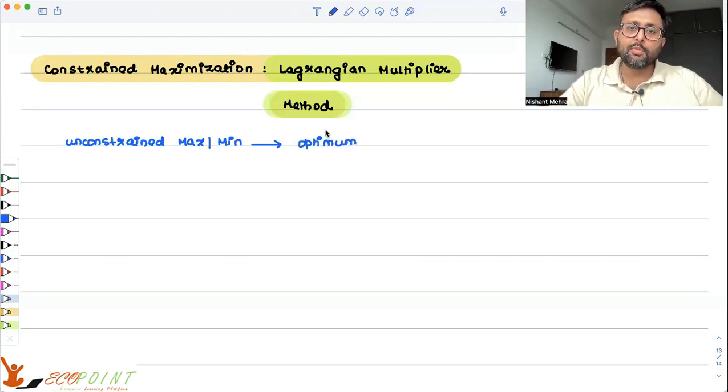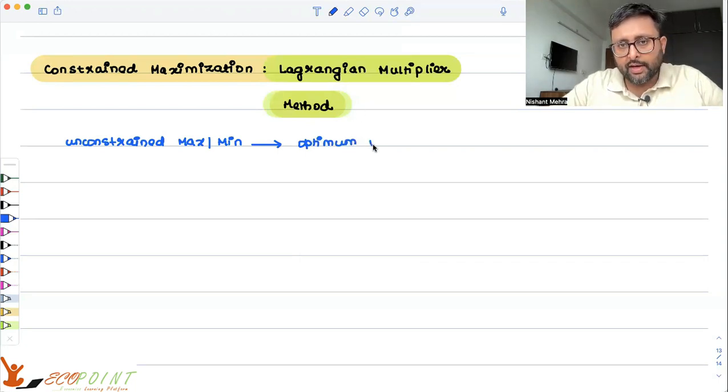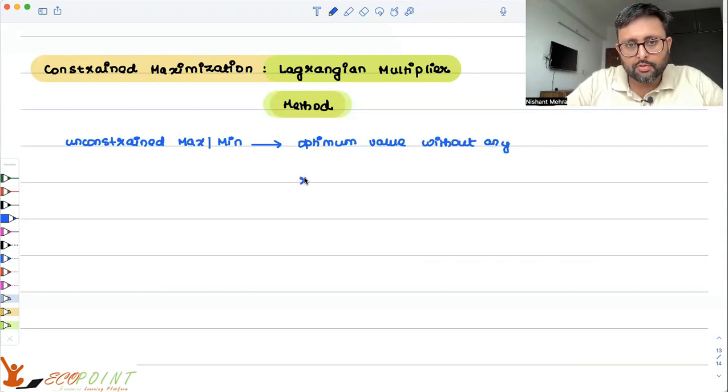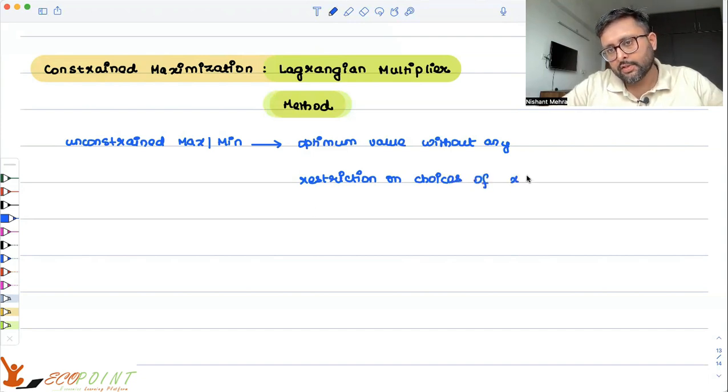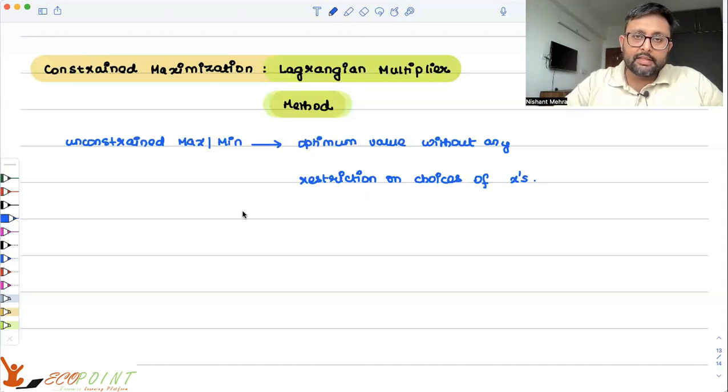You are trying to find the optimum value without any constraint which is put on the independent variables, without any restriction on choices of x's, right? But there are possibilities, beta, where not all choices of x's are feasible.